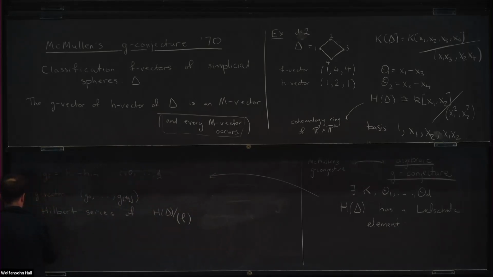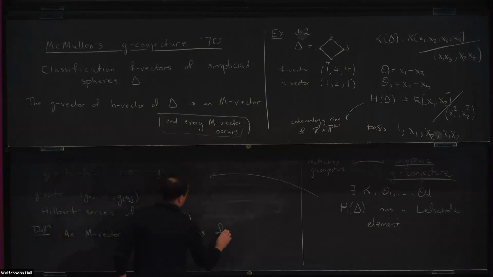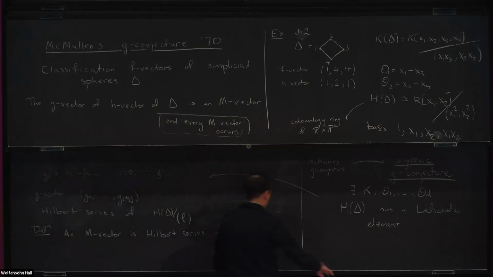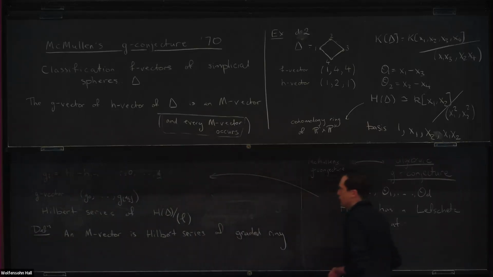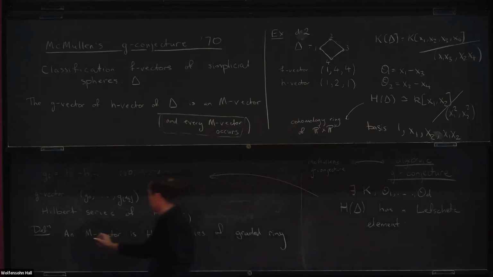Okay, and so like a definition, an M vector is a Hilbert series of a graded ring. Let me just say it, this is the last thing in my statement.